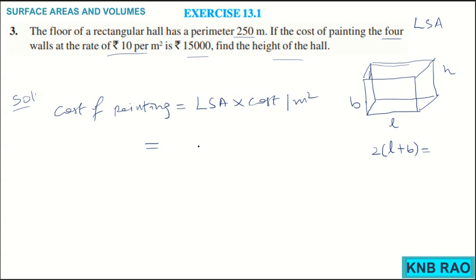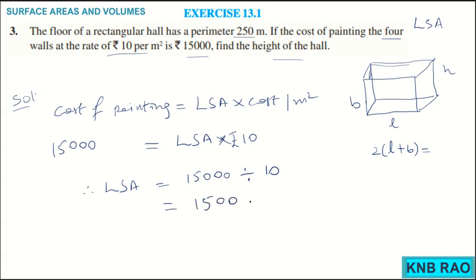Here, cost of painting is already given, which is 15,000, and we do not know LSA. Cost per meter square is rupees 10. Therefore, LSA is 15,000 divided by 10. The multiplicand comes to the other side and divides, which gives 1500 meter square as the lateral surface area.